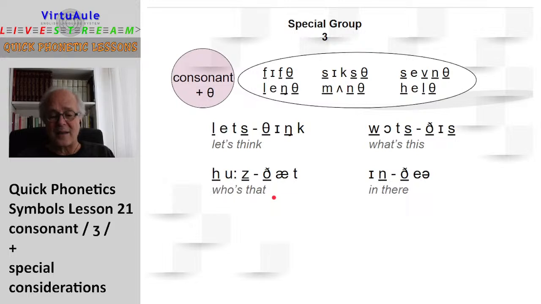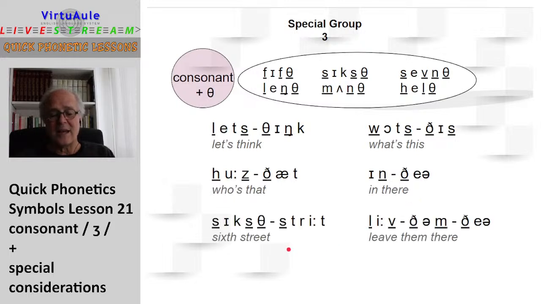Who's that? In there. 6th Street. Extremely difficult. Listen. 6th Street. Very, very difficult. Leave them there.